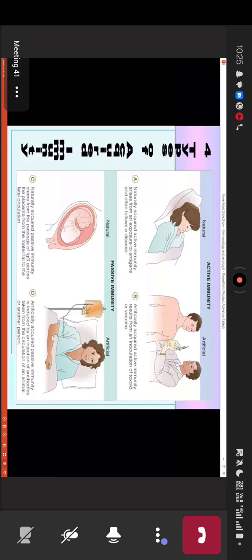This is the mechanism of how our immune system works. And there are two types of immune system responses. First is the humoral immune response, which is based on B cell response, and the next is the cell-mediated immune response, which is based on T cell response, right?